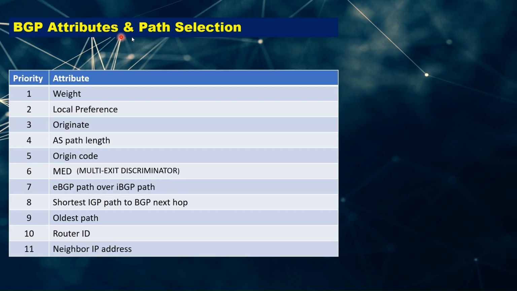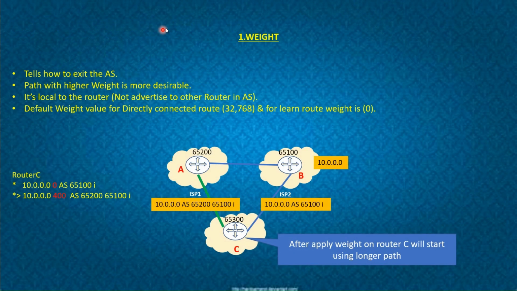Here are the BGP attributes and the path selection mechanism. These are the total 11 attributes which help to decide the better path. We will cover them one by one. So let's start with weight. Weight tells us how to exit the AS, and the path with the higher weight will be more desirable.